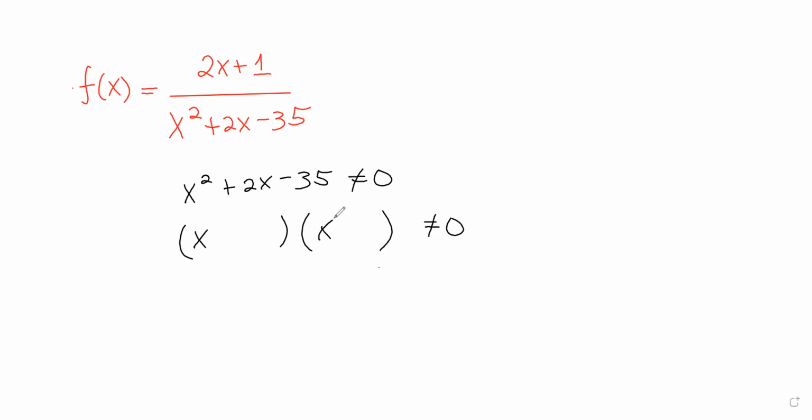So factors of negative 35 that add to 2. Well, I could have a positive 7 times a negative 5. That gives me negative 35. Likewise, 7 minus 5 would give me 2. Now I set each factor equal to 0.